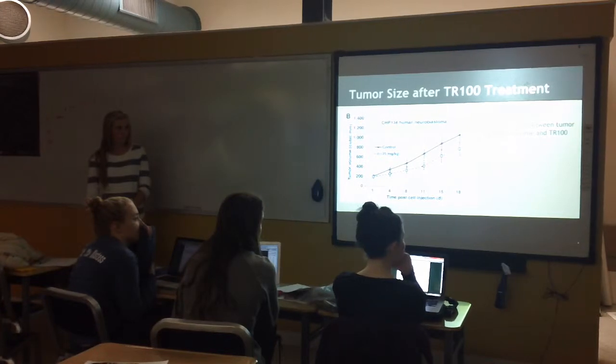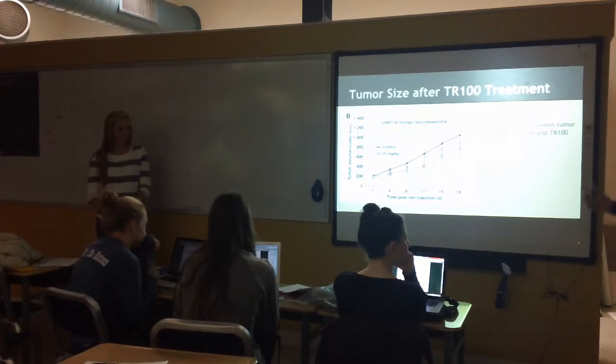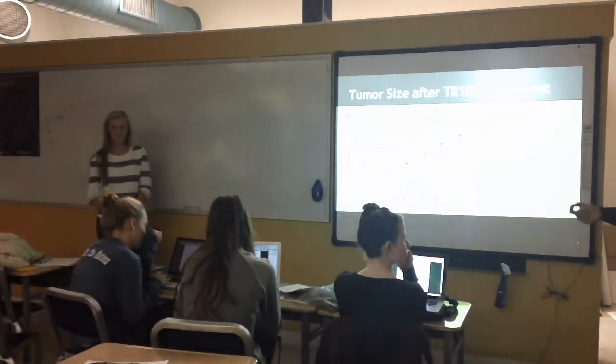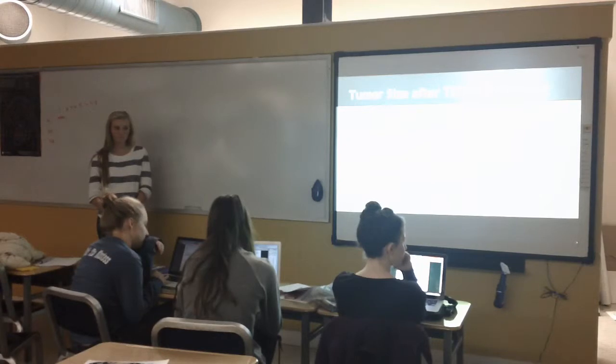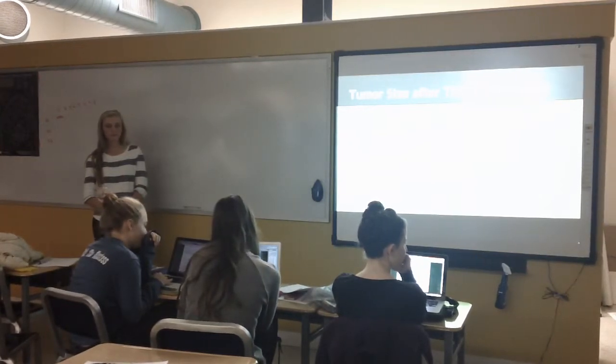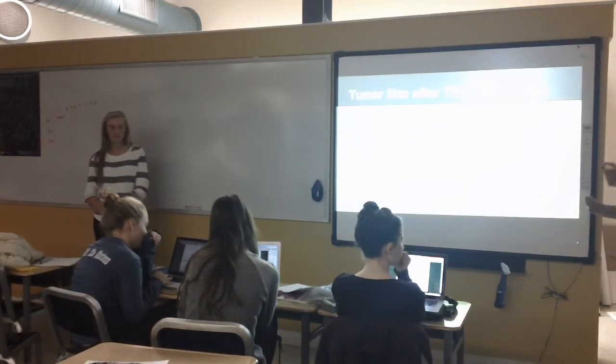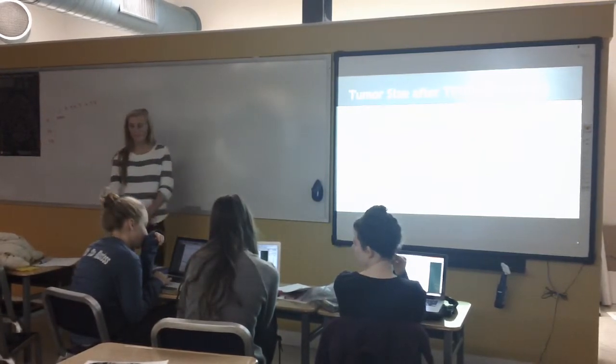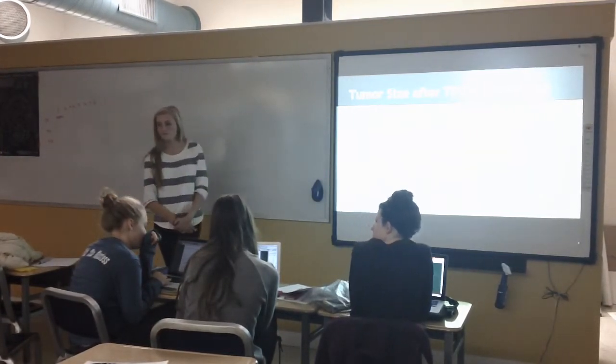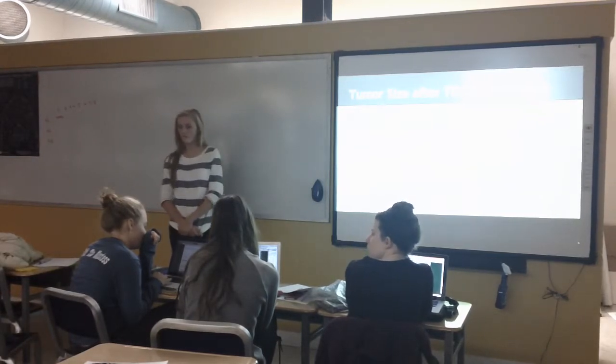So now there's a higher level of those types, or isoforms, of tropomyosin in the actin filaments versus in healthy cells, where there's a smaller number of tropomyosins. So I think what Adam is asking is why, even if there is a smaller amount of tropomyosin in normal cells, TR100 is targeting the higher.